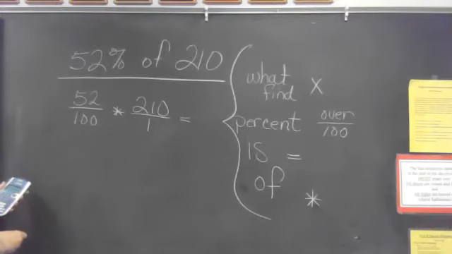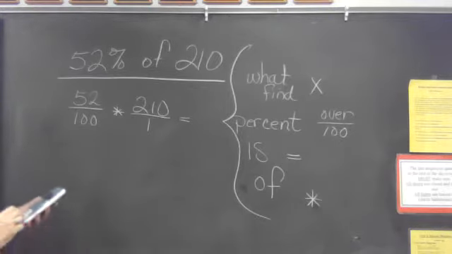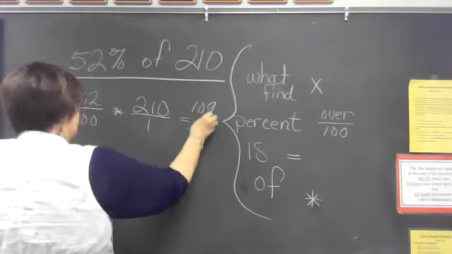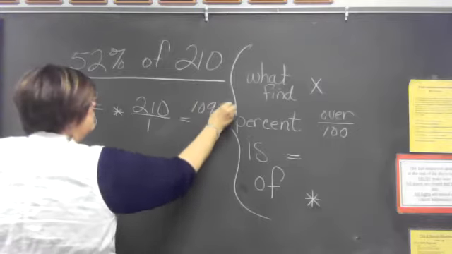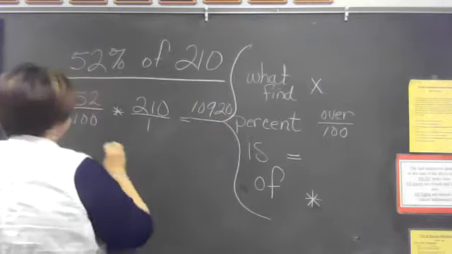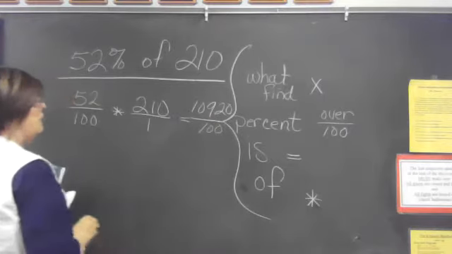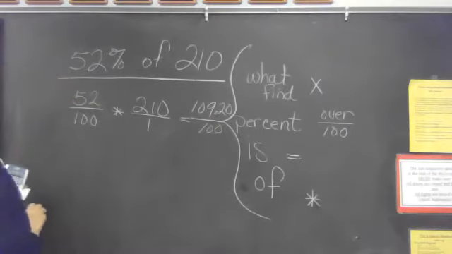So when you multiply fractions, all you do is multiply the tops and multiply the bottoms. So we have 52 times 210, big number, 10920, over 100 times 1 is 100.